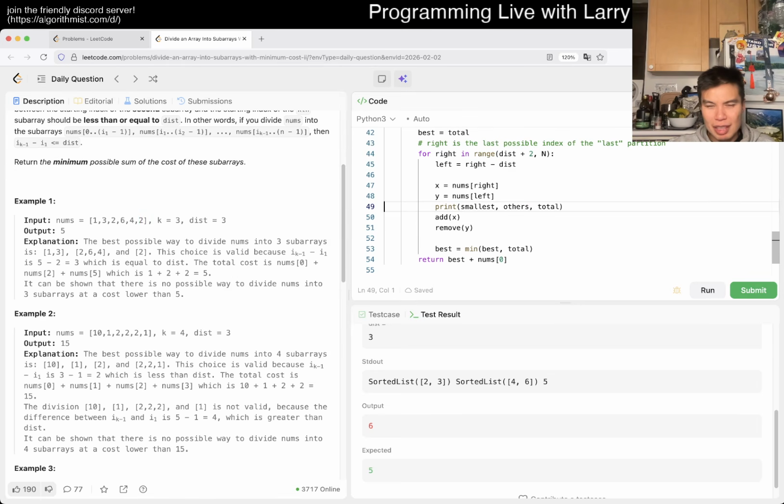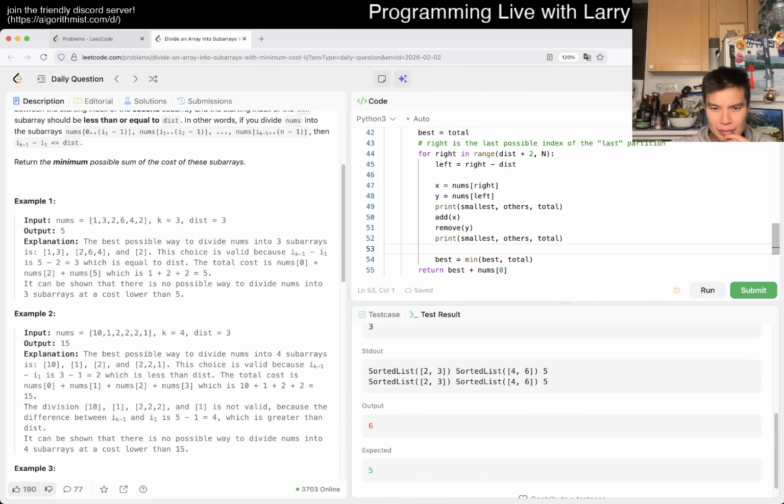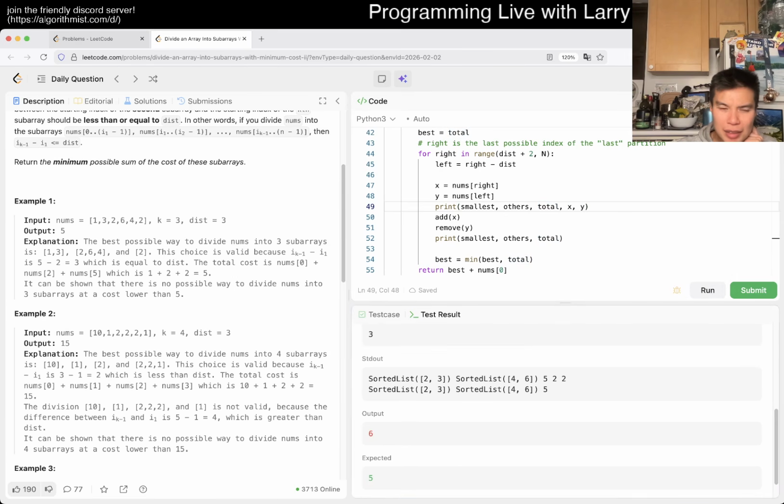I mean, did I miss an index? That doesn't seem likely. I mean, this is clearly an off by 1 because I'm removing the 2 and not the 3. Huh.